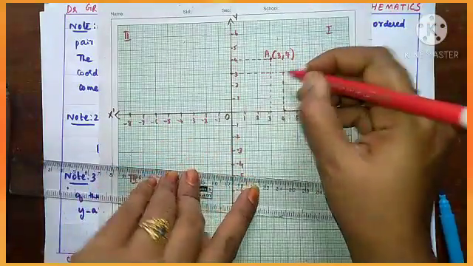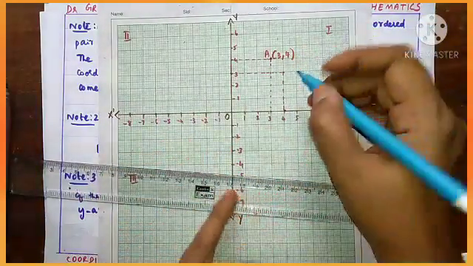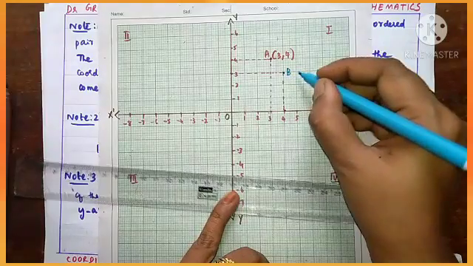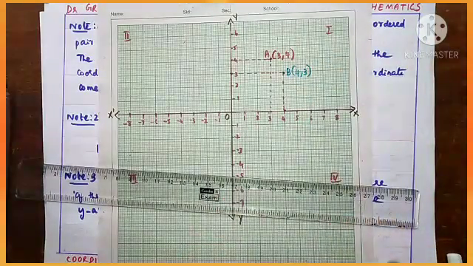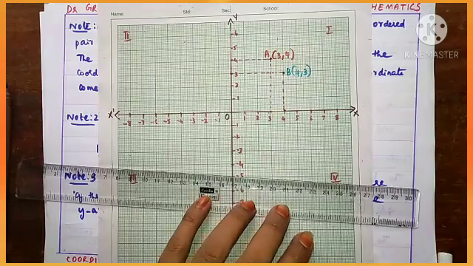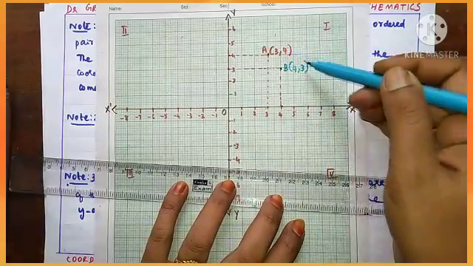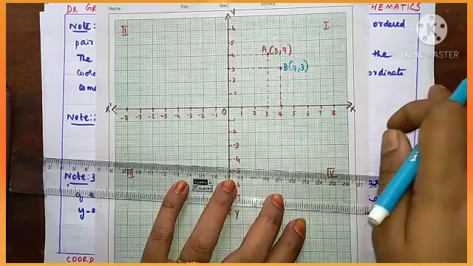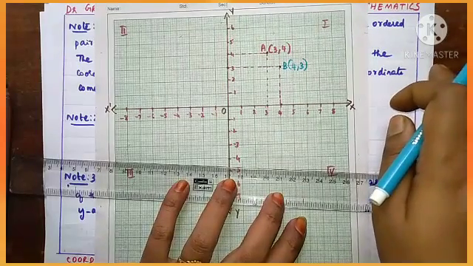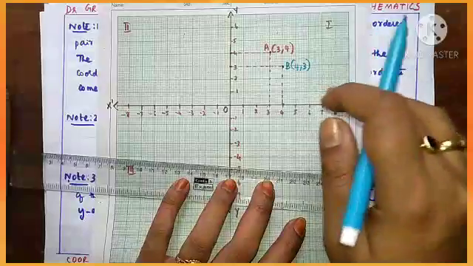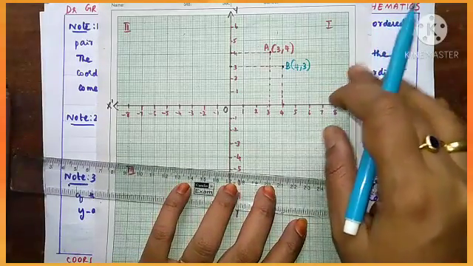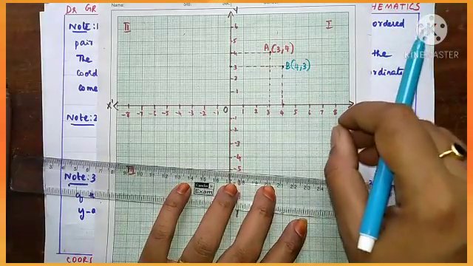This is the point; you can call it B (4, 3). Understand? Because (3, 4) and (4, 3) have different places, they are not the same. From this you can understand that each point has a unique position.